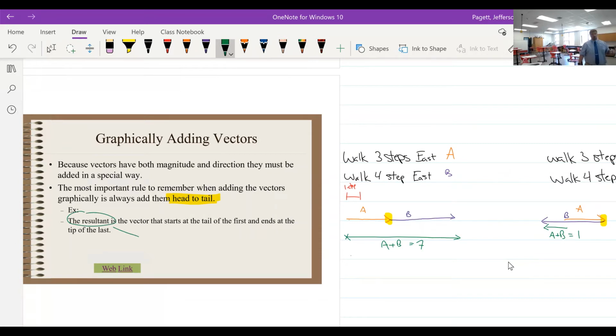It is the result of adding 2 or more vectors. And we'll practice with this a little bit tomorrow.